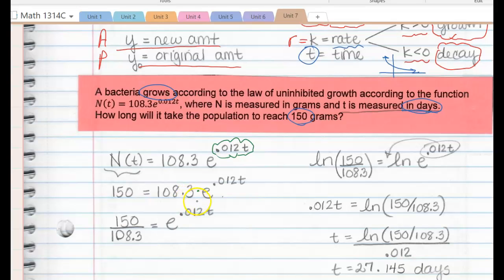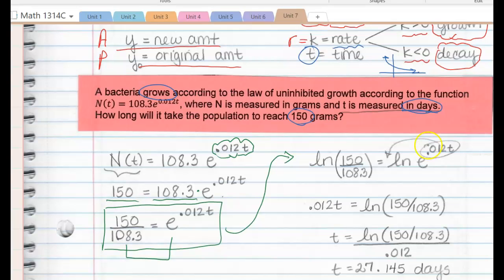So we're going to divide both sides by 108.3, and that's how we get this equation here. Now we have to get the same base, which we can't, so we're going to take the natural log of both sides. So that's what you see over here. We're taking the natural log of the quotient 150 divided by 108.3, and that equals the natural log of e to the 0.012t.